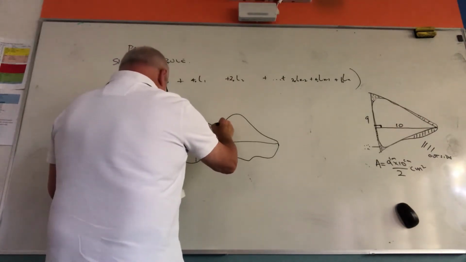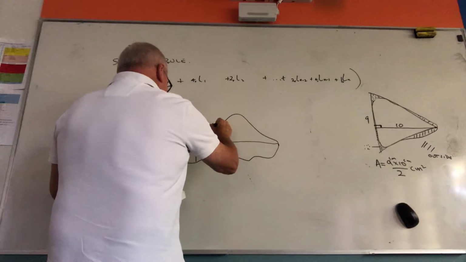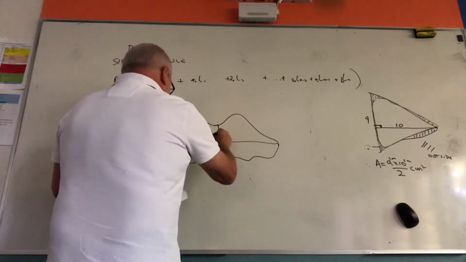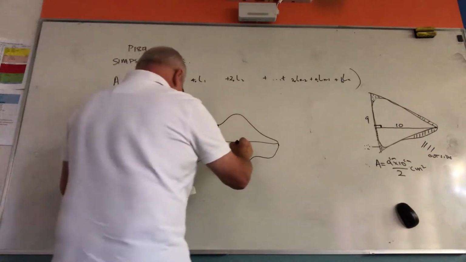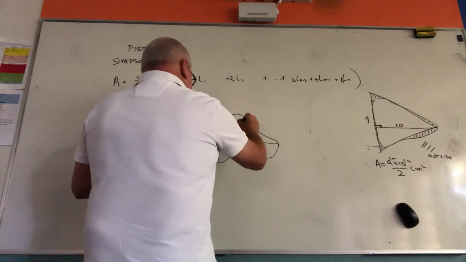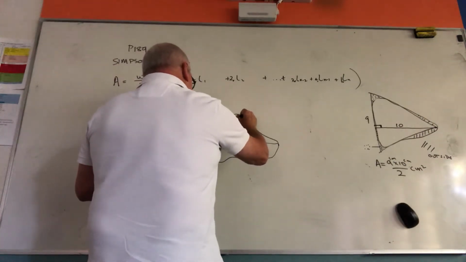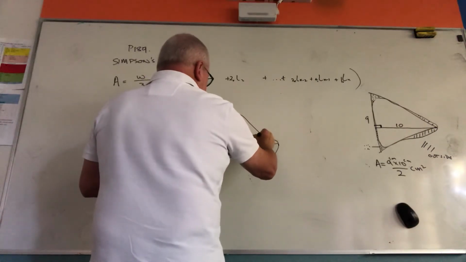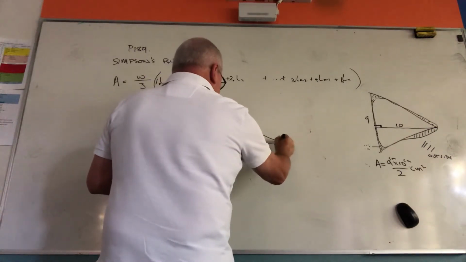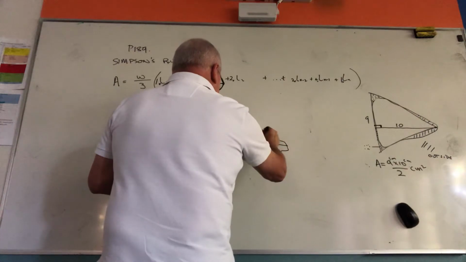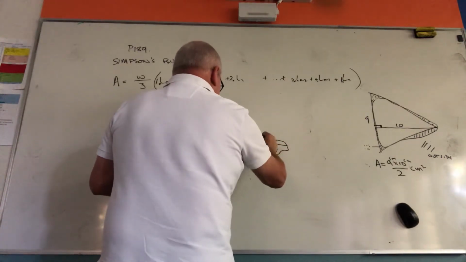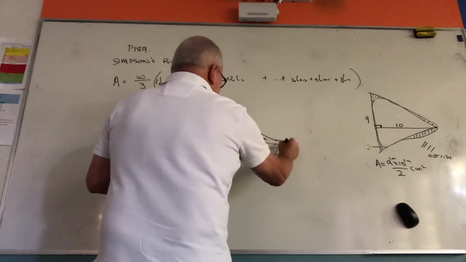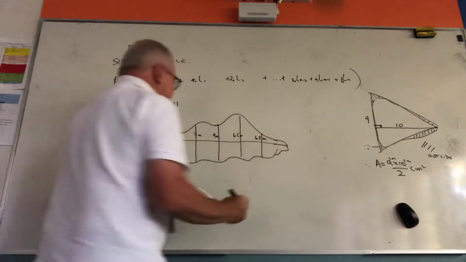Don't worry if these don't actually match up. The next line is 6.5 metres. And the next line is 6.5 metres. Now I'll just make that a bit longer. I'm just trying to make them all look roughly evenly spaced.